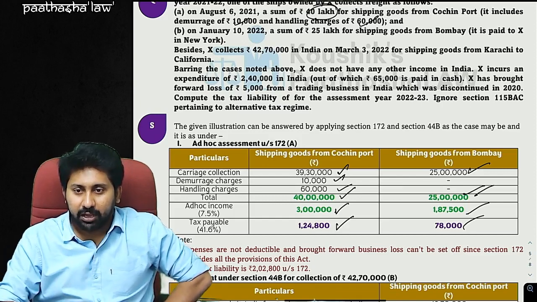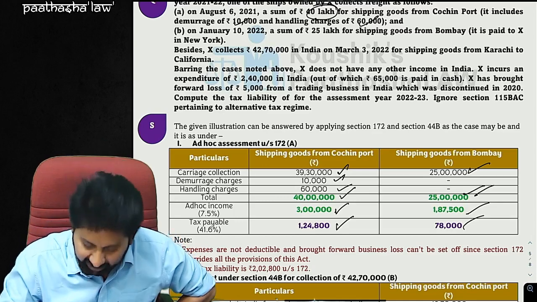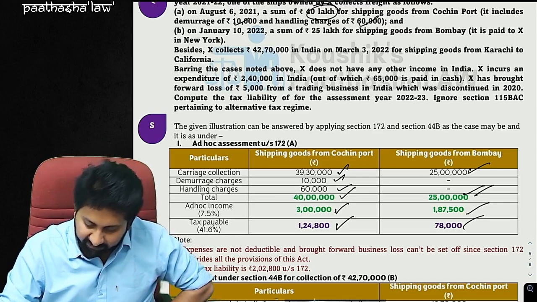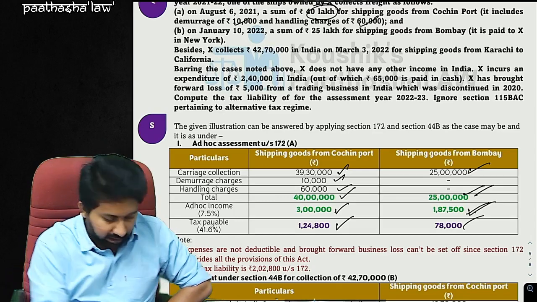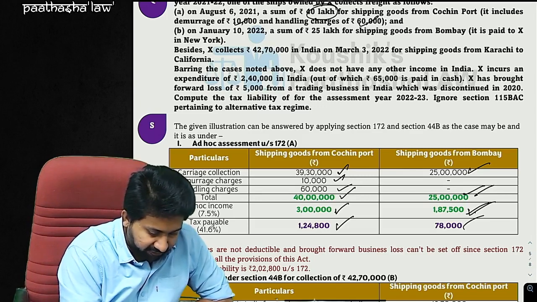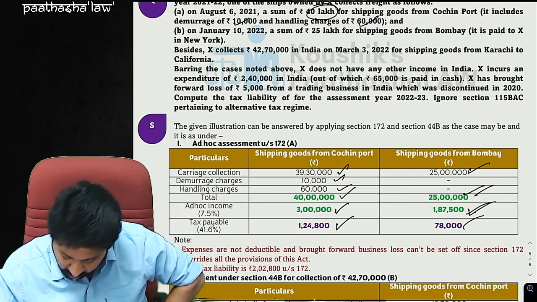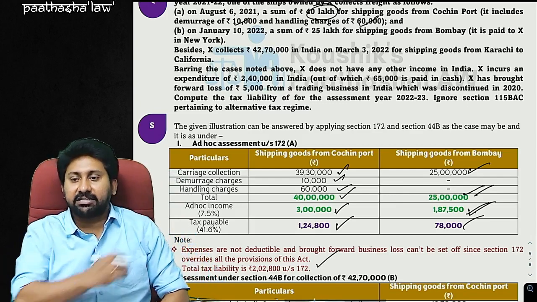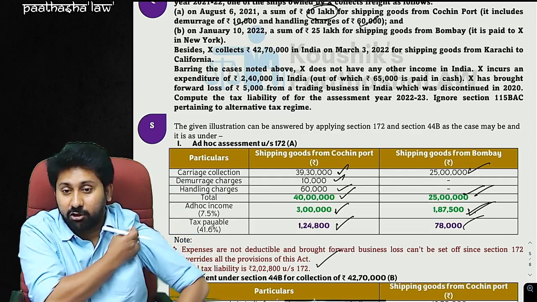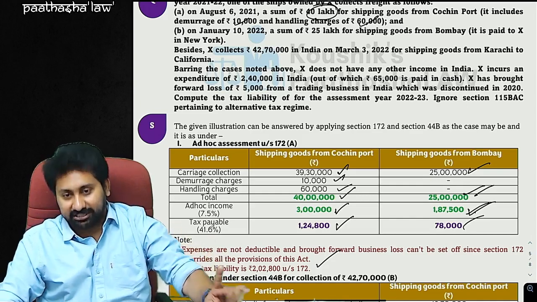On this 25 lakh, 7.5% came to 1,87,500, and the tax payable is 78,000. So 1,24,800 plus 78,000, how much? 2,02,800. Under 172 you will pay. I will treat this as an advance tax.